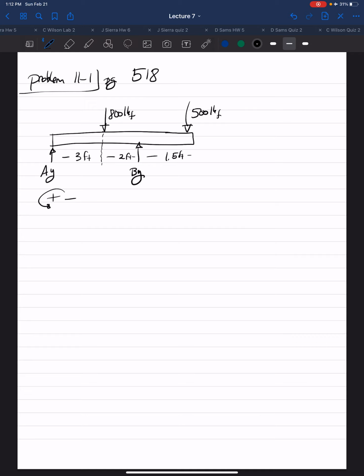So we take our moments about point A. Counterclockwise producing rotation is positive.